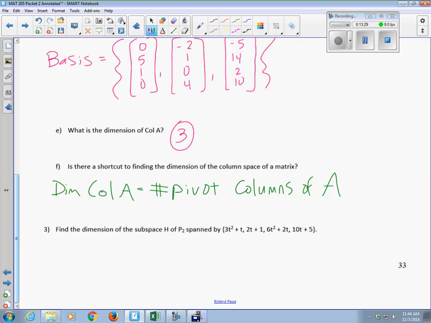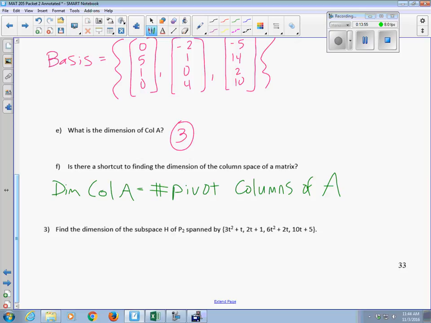Linear independence, yeah. Are these 4, quote, vectors linearly independent? No, how do you know? Yeah, so 3t squared plus t and 6t squared plus 2t, the one's a multiple of the other, right? So any 2 that are multiples of each other, one of them is redundant.